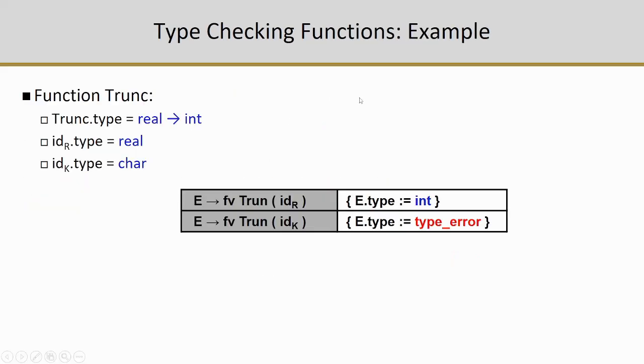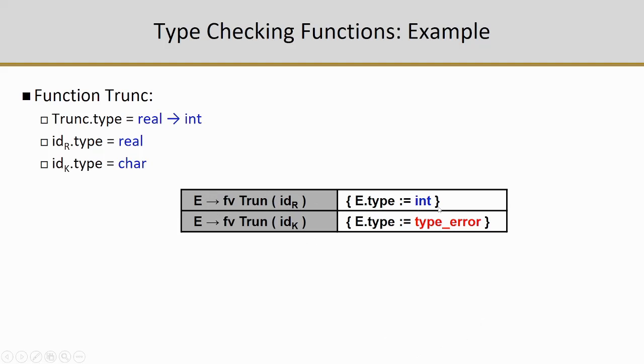Okay, as an example for the type of a function, if we have the truncate function, which truncates the integer value of a real number, then it has the type of real to integer, which means that it is assumed that the argument will be a real number, and if it is real, then the resultant number is an integer, so the truncate function results in an integer.